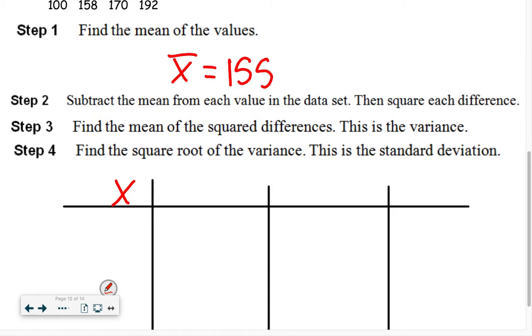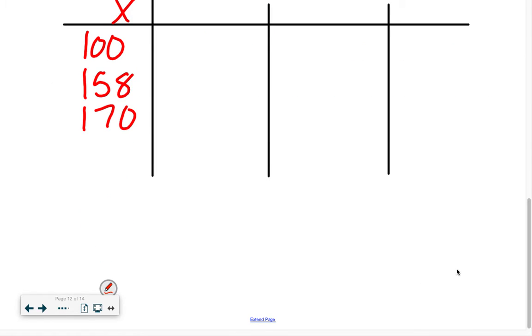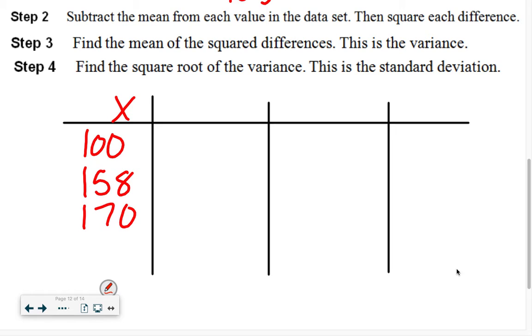The first one I have is 100, then 158, 170, and 192. These are just the values in our data set, what you just used to find the mean.